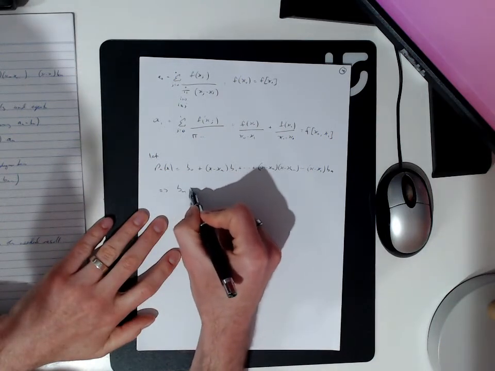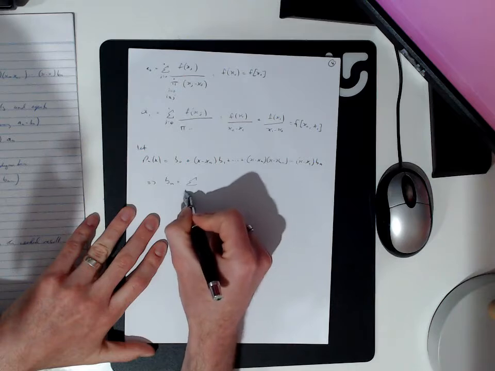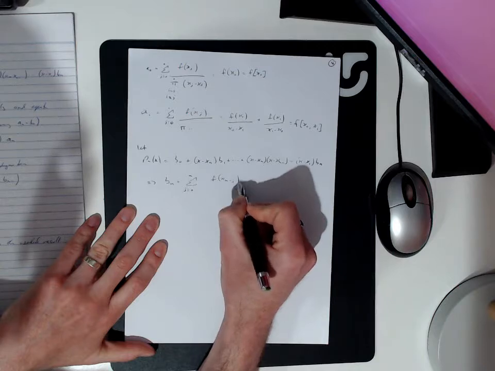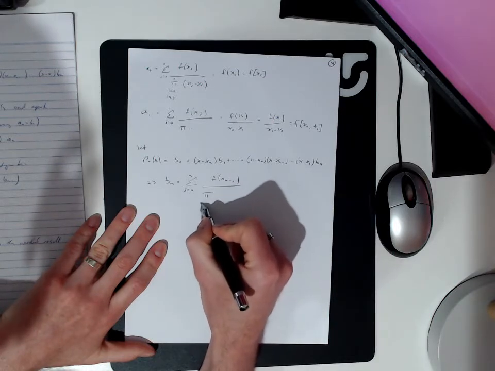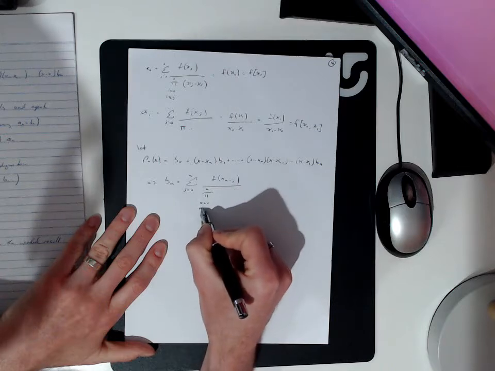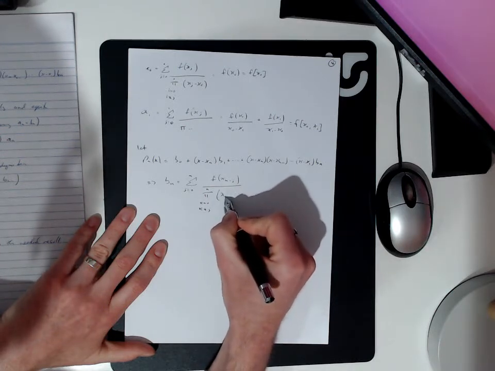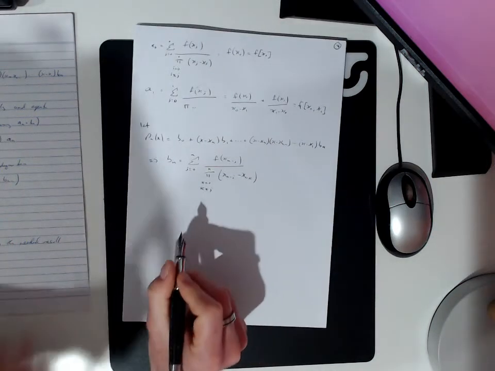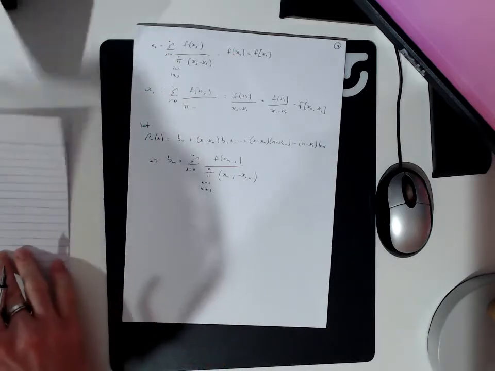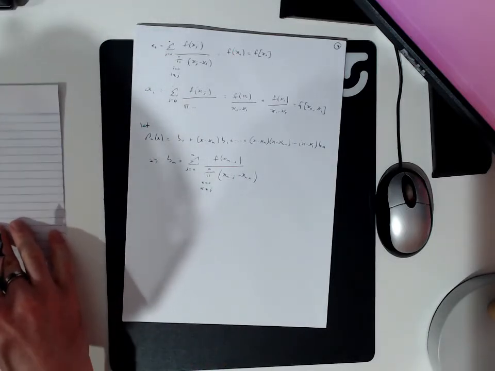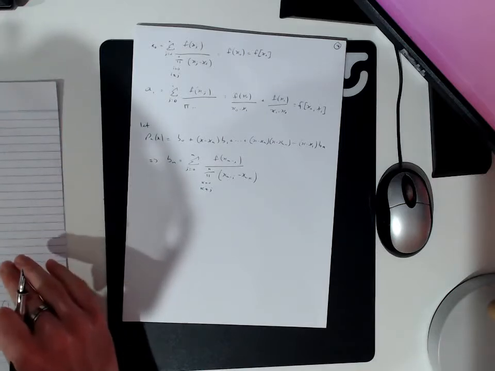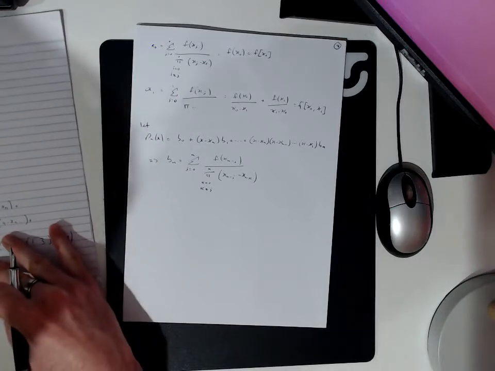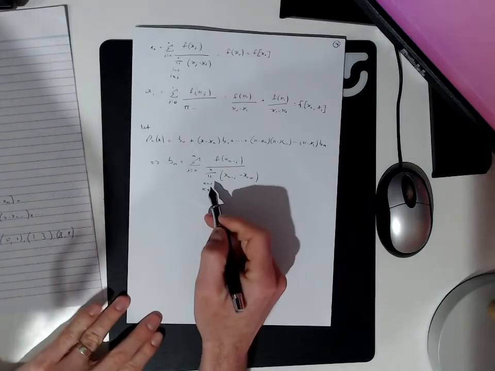This implies that each of the bn's is going to be equal to the sum j equals 0 to n of f(x_{n-j}) over the product k equals 0 to n, k not equal to j, of x_{n-j} minus x_{n-k}.